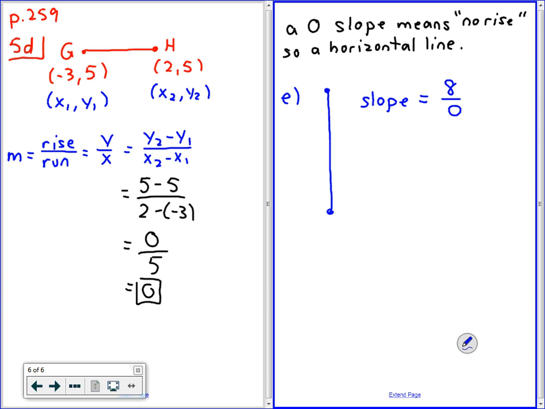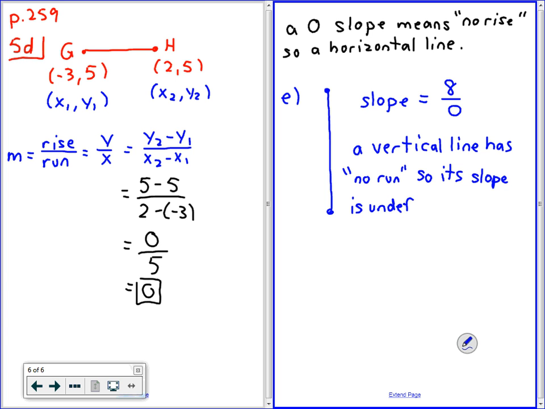So we're going to say a vertical line has no run, so its slope is undefined. You can't divide by 0.